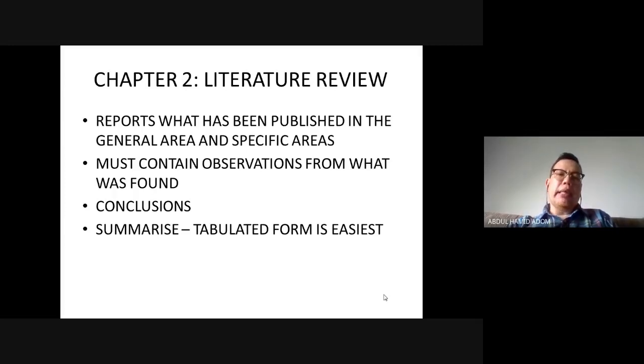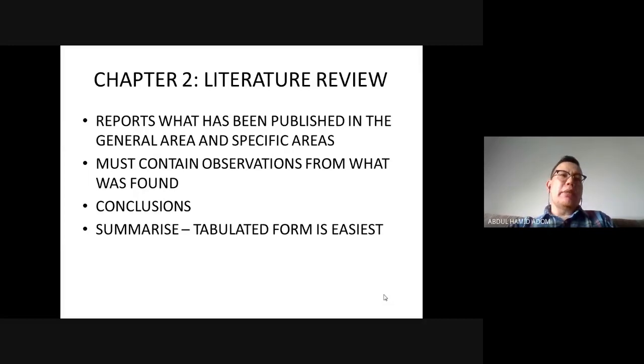You see, everything that you read, the knowledge that you read prior to your work, that means before you start your work, has to be in chapter 2. It has to be in the literature. All the theory, all the knowledge must be in chapter 2. What you discuss in chapter 3 later will totally be only what you do.